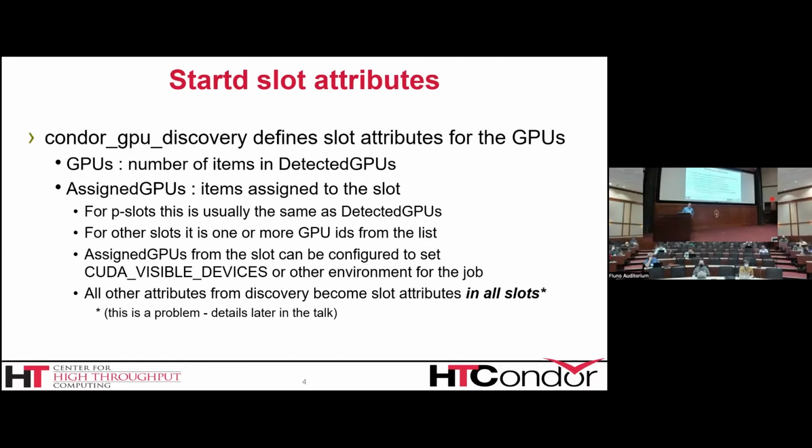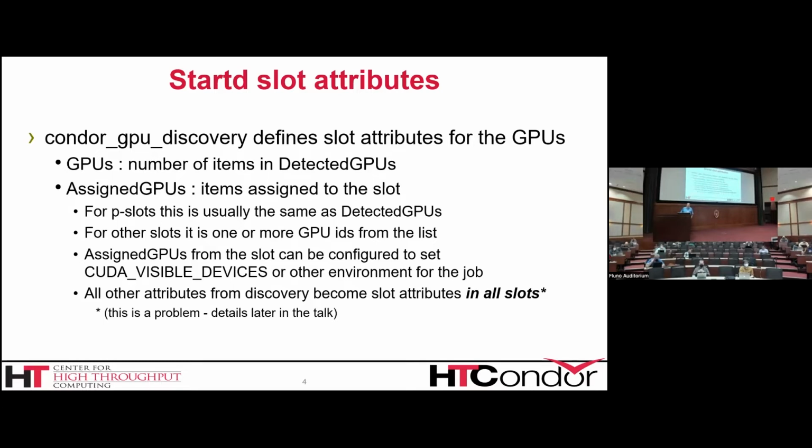Then what happens is the execute node, the startd, after it runs discovery on startup, takes that DetectedGPUs attribute, saves it off, counts the number of things in that string, and decides that's how many GPUs it has. When it creates a slot, it will assign 0 or more GPUs to that slot, and will publish the identifiers of those GPUs in an attribute called AssignedGPUs.